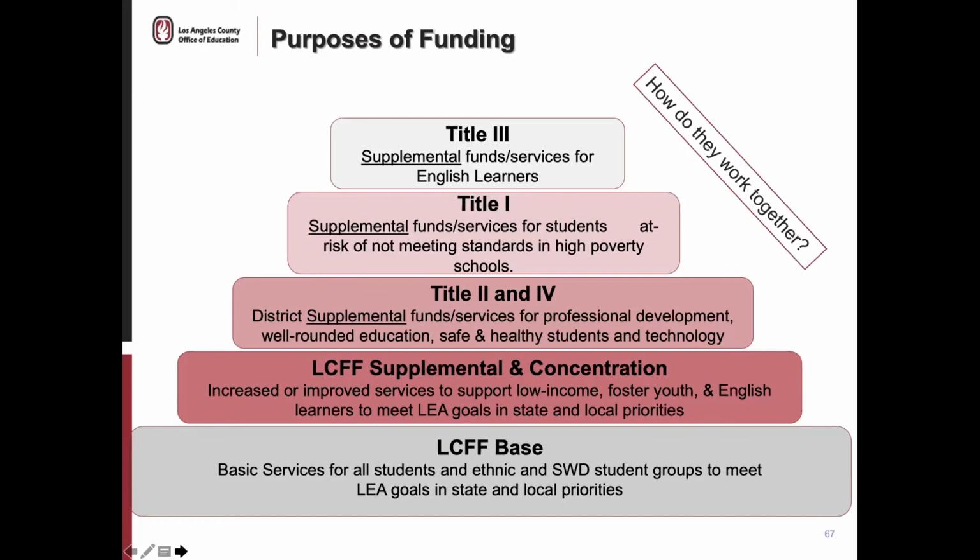And then if they need additional help, then you support them with Title III. It doesn't mean you design your Title I program for just English learners. That's not the purpose. Title I is for at-risk students, at risk of not meeting state standards. Probably English learners are going to be among those students and can benefit. If they can, they get that service, and then Title III comes on top of it.